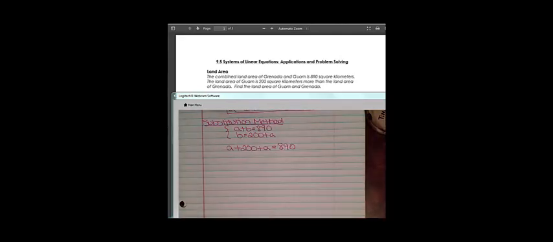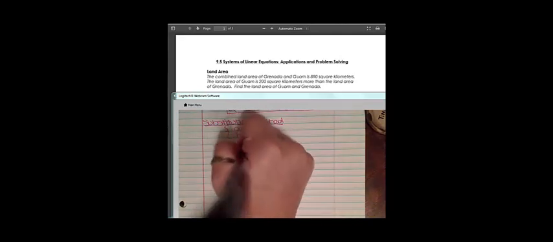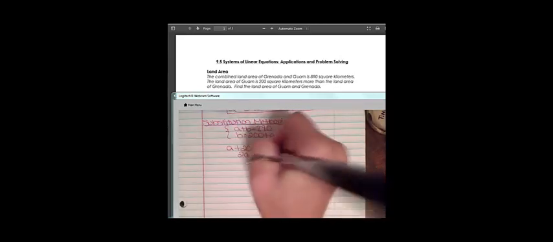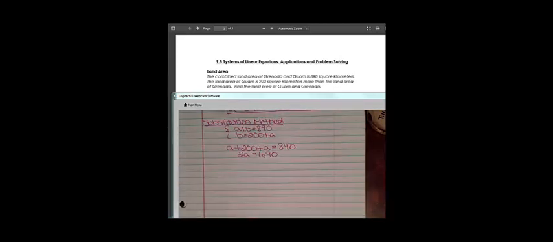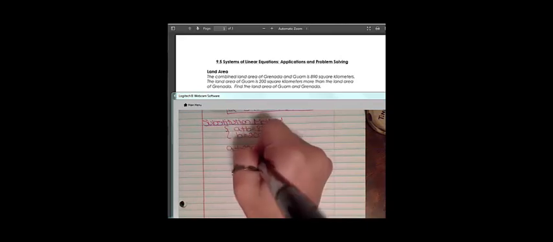I'm going to combine my a's, and that'll be 2a, and then I'm going to subtract 200 from both sides. So that becomes 690. I'm going to divide both sides by 2, and I get a equals 345.